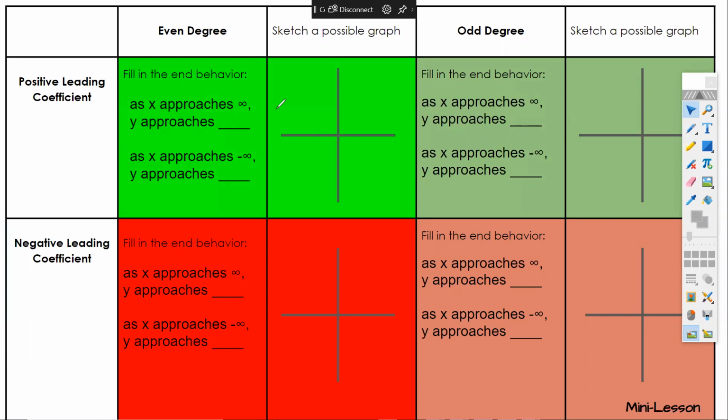So if I have an even degree, positive leading coefficient, examples of this would be like x squared, or x to the fourth plus 4x squared plus 4, or x to the sixth. They're always going to look like this, roughly.